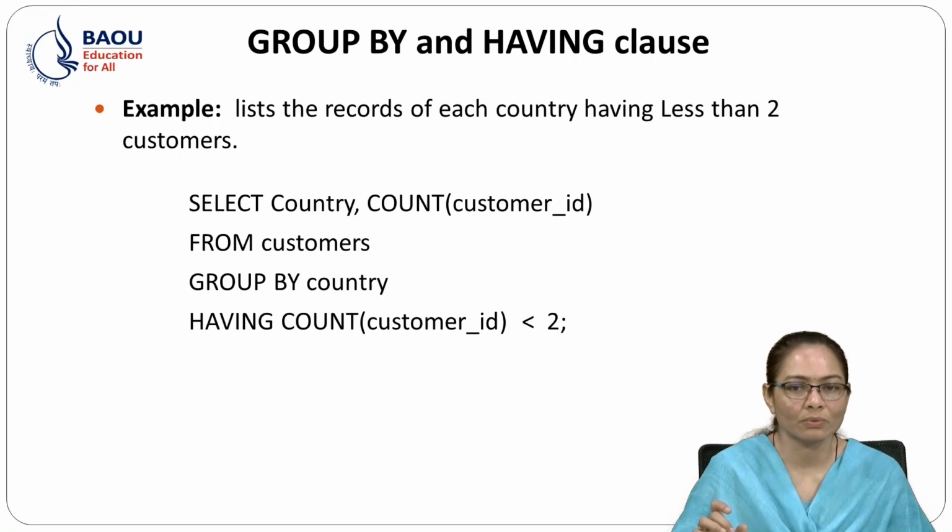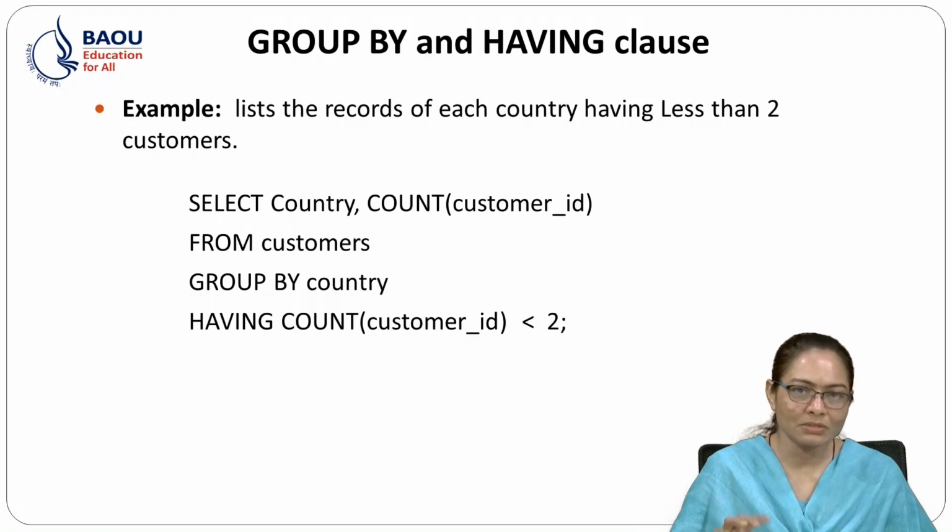Customer ID is counted, the number of customers. So count and then in brackets customer ID. So we use the count aggregate function here. The having clause is used with the aggregate function: count customer ID less than 2. Writing the group by and having clause is very simple.